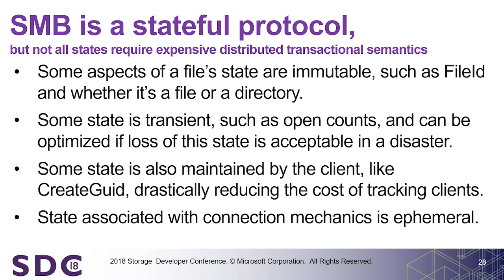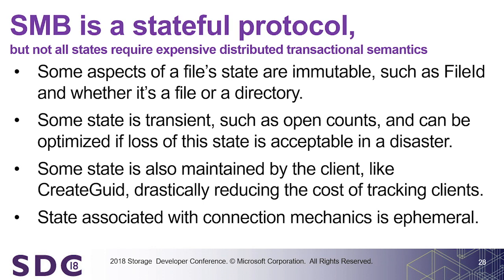Some state, potentially, is open counts. We have a thing called geo-replication in Azure, which is an extra feature. And what we have is the same file data is replicated in a different data center at least like 500 miles away or something. So basically, it's not susceptible to the same sort of physical disaster, like a hurricane or an earthquake.